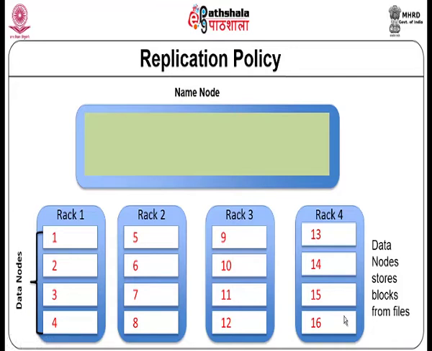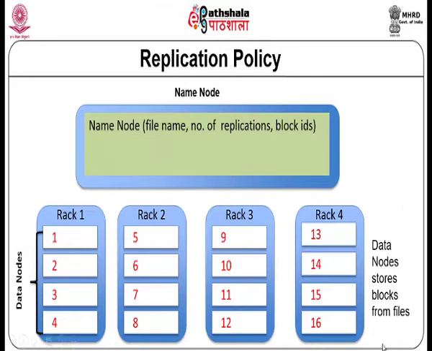These data nodes are inside the racks. Now, the name node contains metadata, which is data about data, and it stores all the block information and the replica information, and where each of the replicas are stored in the data nodes.